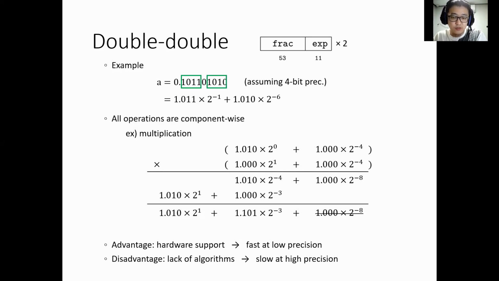So it runs very slow at high precision. So this is why we want to implement this double-double or multiple double at the low precision.